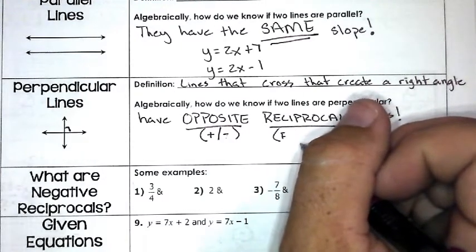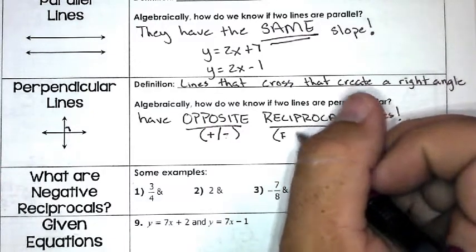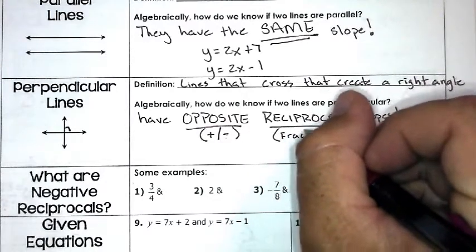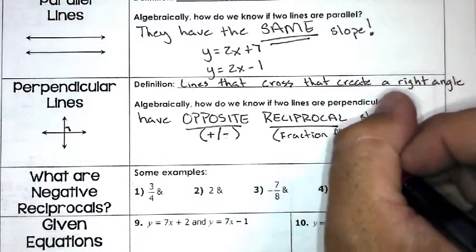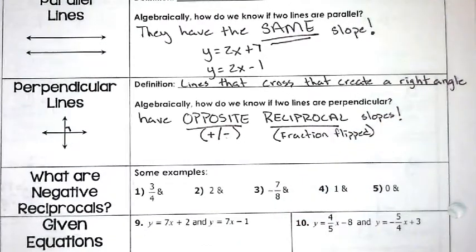Which part of it is? It's the flip. Reciprocal is a fraction flipped. So reciprocal isn't keep change flip, it's a part of keep change flip. It is the flip in keep change flip.